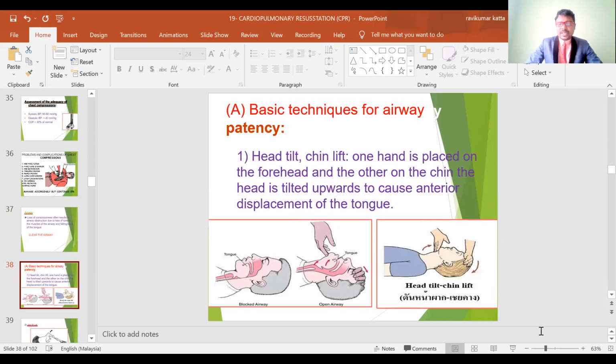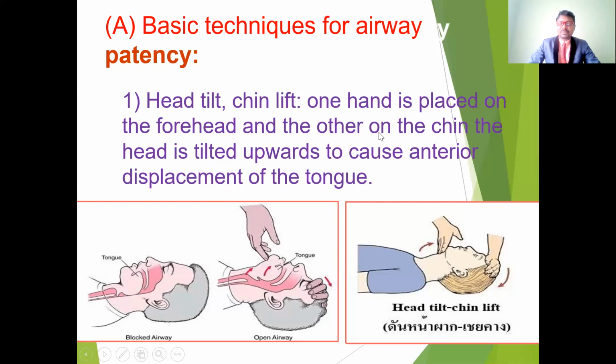Here we use the head tilt and chin lift positions. One hand is placed on the forehead and the other on the chin, and the head is lifted upwards to cause anterior displacement of the tongue. In the neutral position, the tongue is going to block the airway.